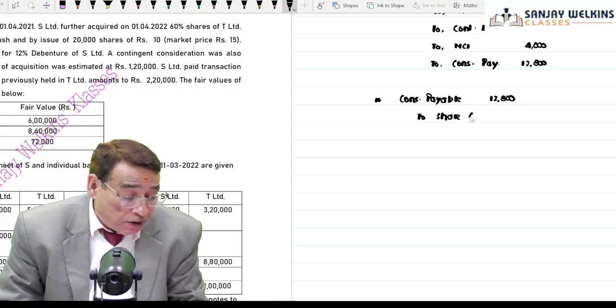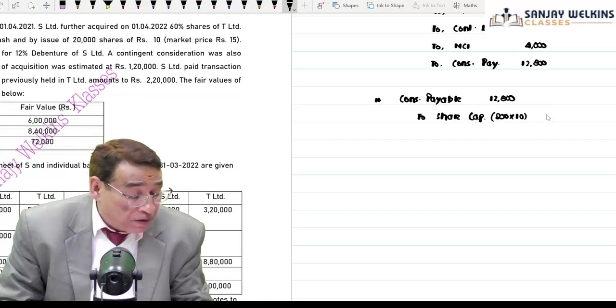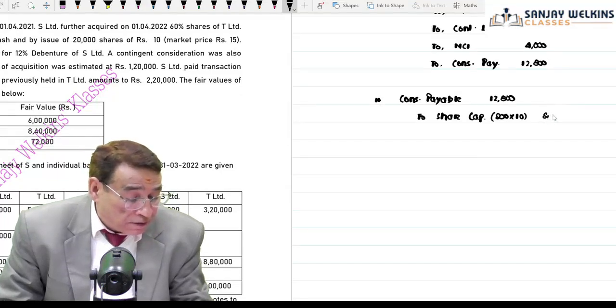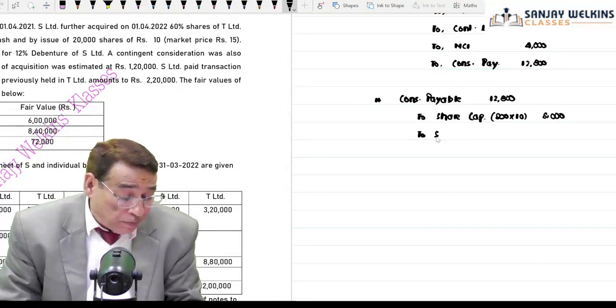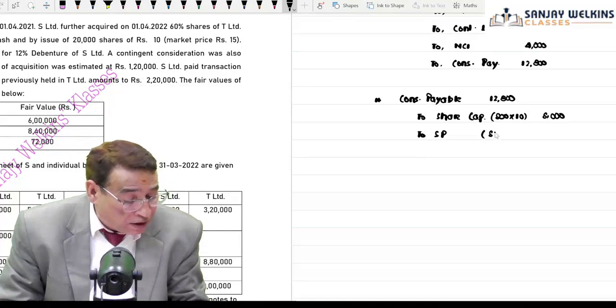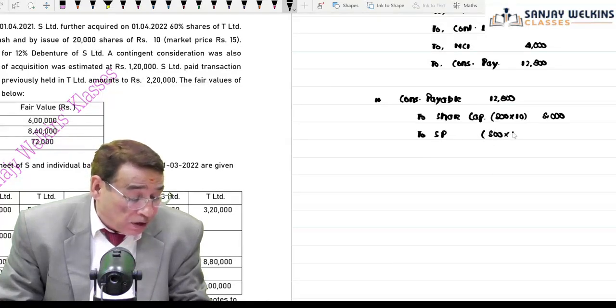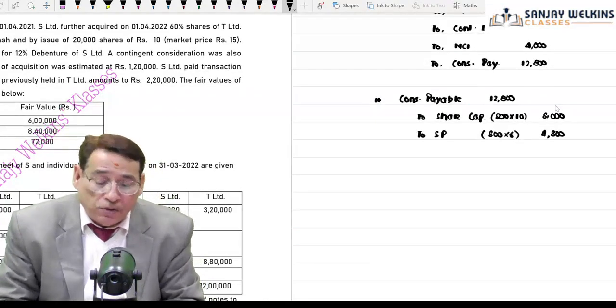But the important point is that you are offering 800 shares. So you will write here 800 into 10 first, because the face value of the share is 10. Correct? So I'm going to write here 8,000. And I'm issuing the share at the rate of 16, that means at a premium of 6 to securities premium. I'm going to write here 800 into 6. That will be equal to 4,800. So this is how I'm going to solve this particular question.